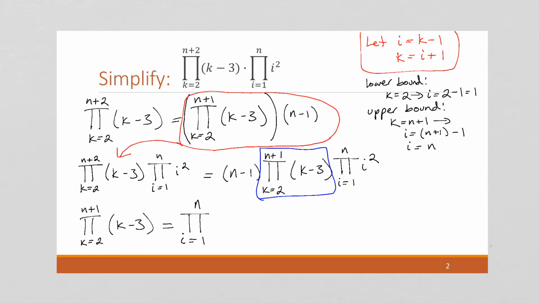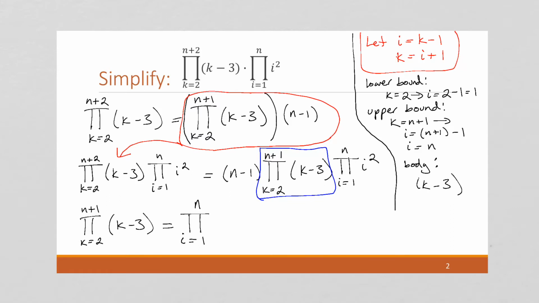Right. And now we need to do our body. Let's keep this separate here. Body, we had k minus 3. Now I'm going to use this variable. I could use either one. Both of those equations are useful. What I want is to get this body in terms of i.